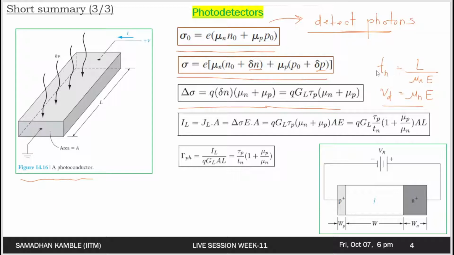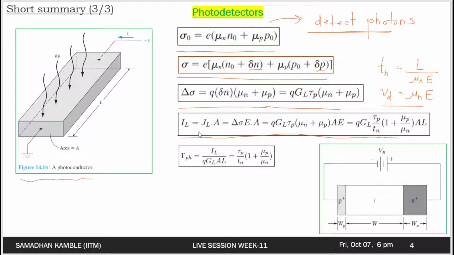The photocurrent then is given by this particular relationship. JL is the photocurrent density, and area is the cross-sectional area, and in terms of these different parameters, the photocurrent is given by this equation.